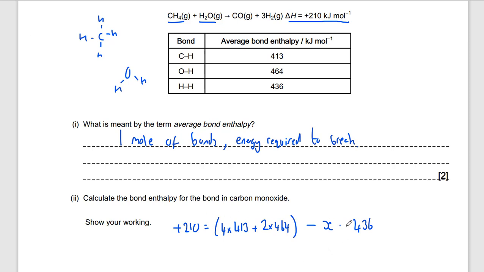So minus x minus 436 times 3. Okay, so that should give you the right amount, or it's the same thing. It's just x plus minus. It's the same thing. If I add it together, it doesn't matter. So just to highlight what I mean here, I'm simplifying it because if I do in brackets, for example, x plus minus 436, sorry, times 3, it's just the same as just doing minus.